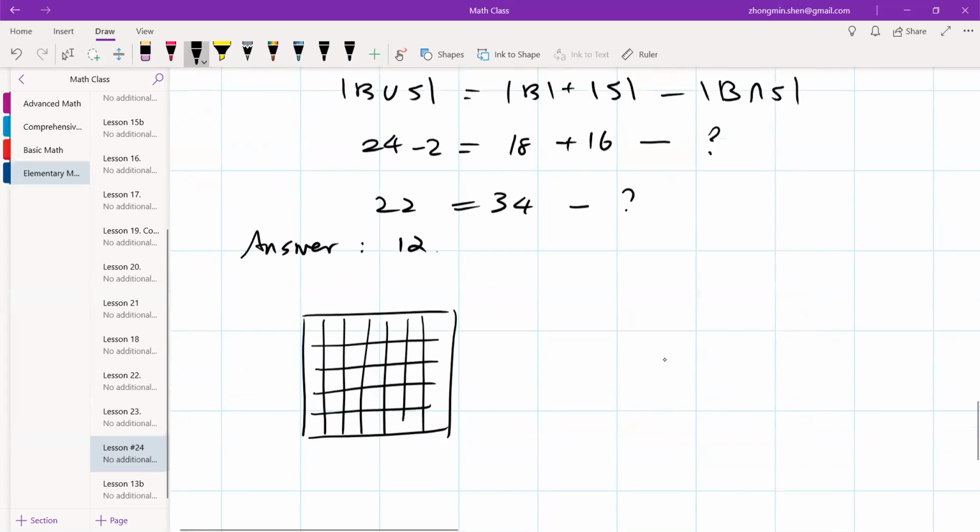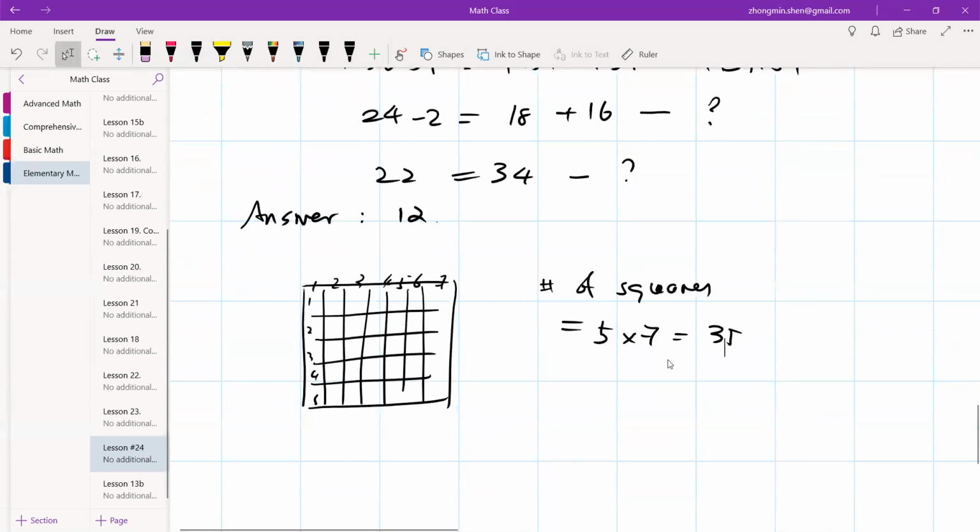What you do is look at the vertical side, 1, 2, 3, 4, 5, and here you have 1, 2, 3, 4, 5, 6, 7. So the number of squares is going to be 5 times 7, 35. Just multiply them together.